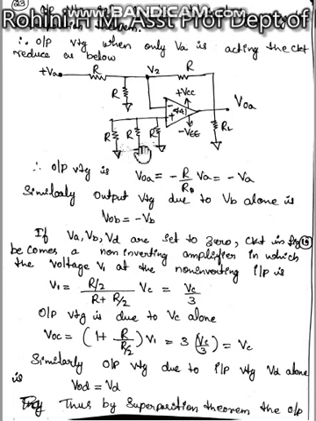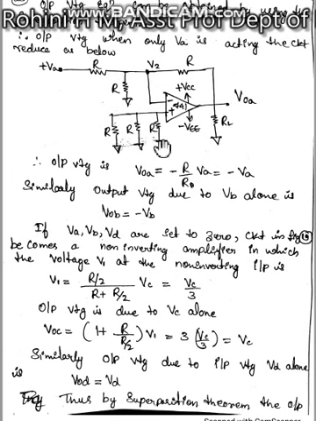Because the other two resistances are connected to ground, only one resistance is acting. The parallel equivalent of the other two is R by 2. So we write R by 2 divided by the total resistance R plus R by 2, into the applied voltage VC. Taking the LCM, it reduces to VC divided by 3.